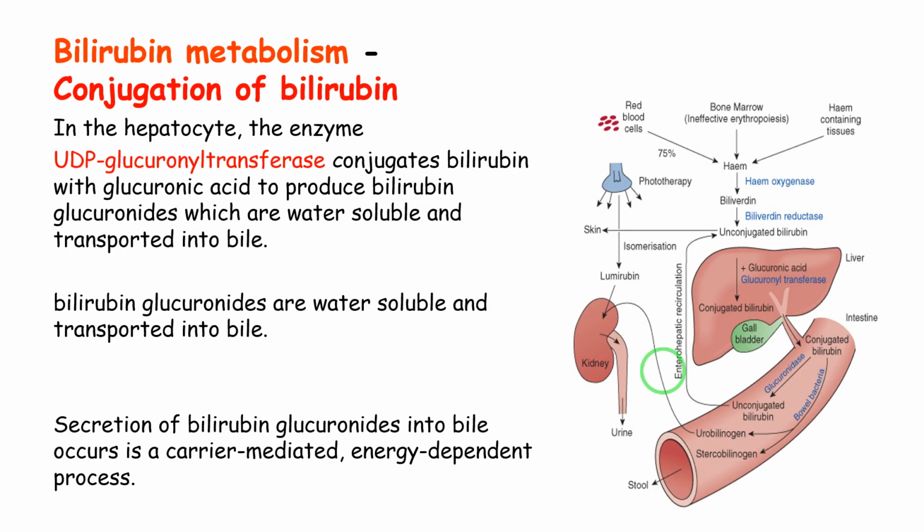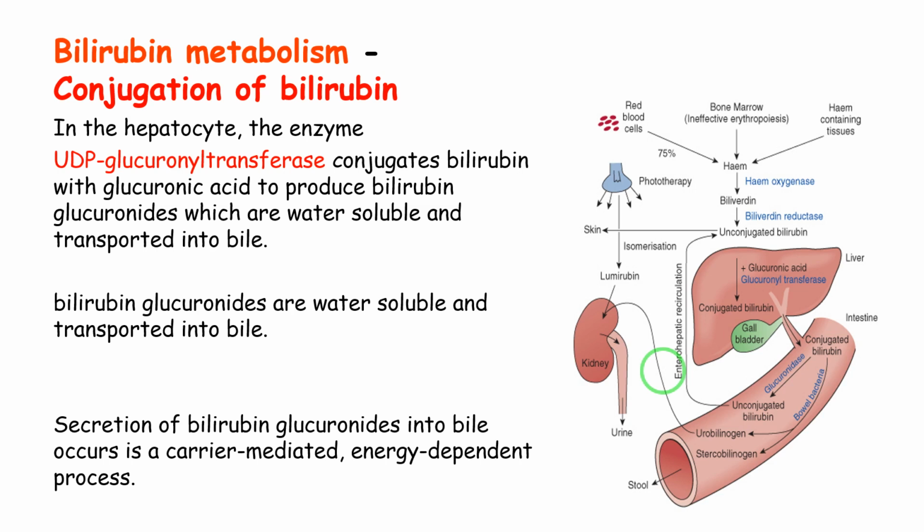What happens next? This is the most important step, which is the conjugation. We need an important enzyme called uridine diphosphate glucuronosyltransferase. It is very important because it mediates the binding of the bilirubin to two molecules of glucuronic acid to form bilirubin diglucuronide.